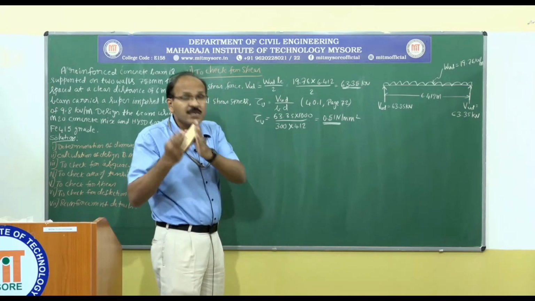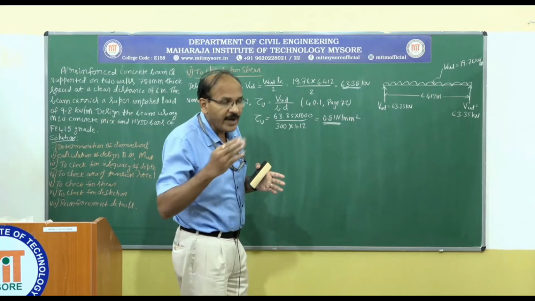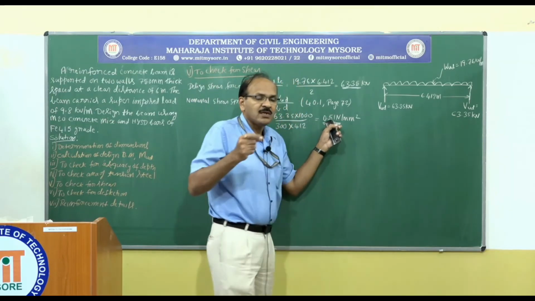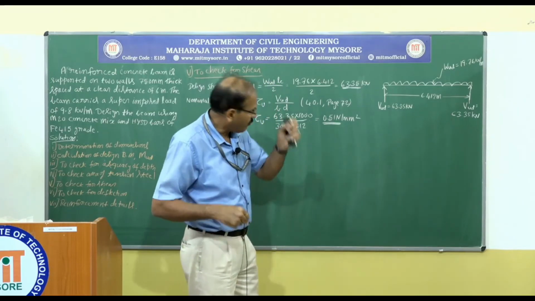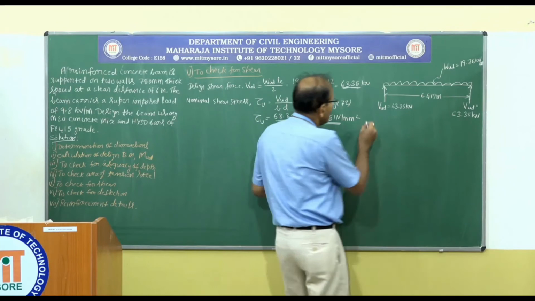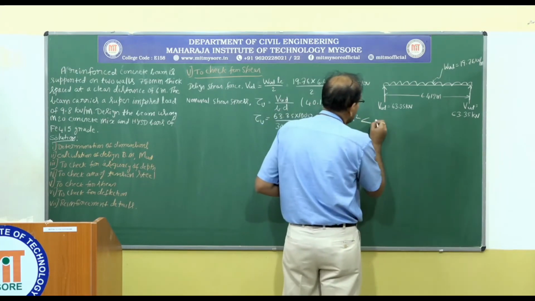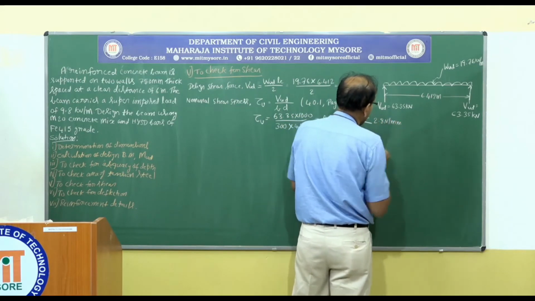So if you go to page number 73 and refer to table 20 and compare this value with tau c max for M20 concrete. So for M20 concrete, tau c max is 2.8 Newton per millimeter square.